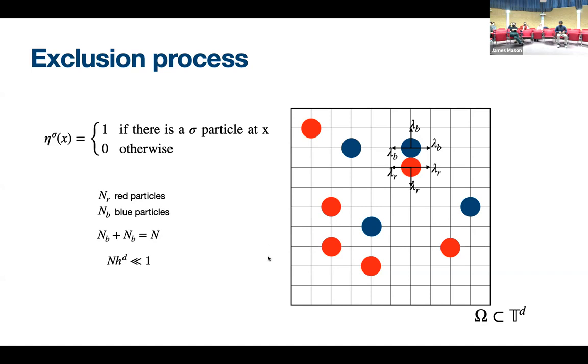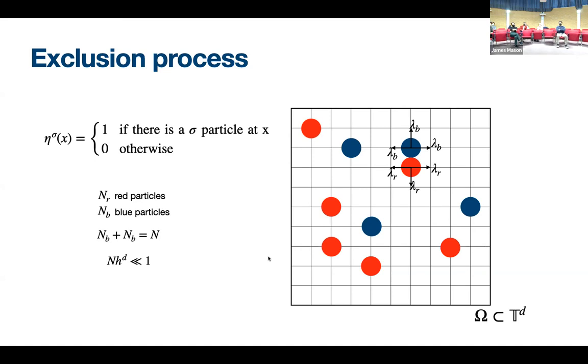The assumption that we make is that the volume fraction is going to be small. So we're going to consider our equation as an expansion in volume fraction. And so when the volume fraction is low, the dominating interaction is going to be between two particles.